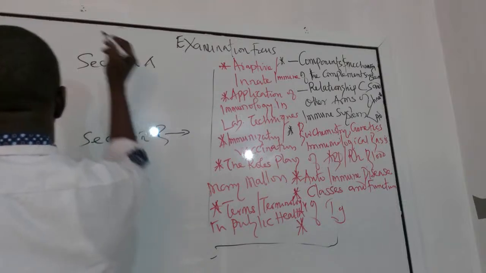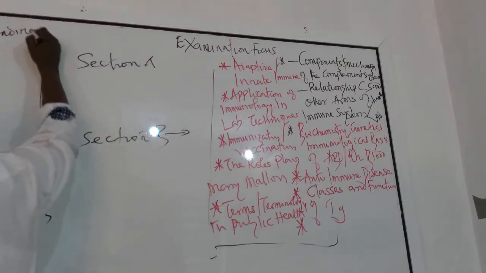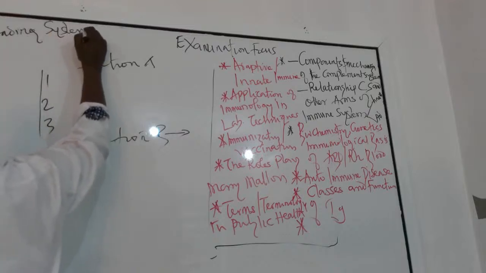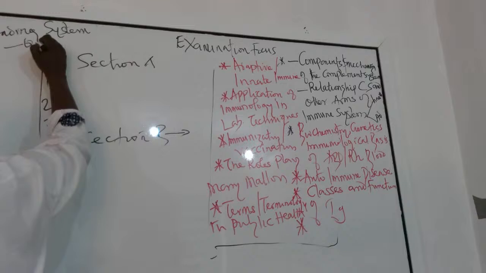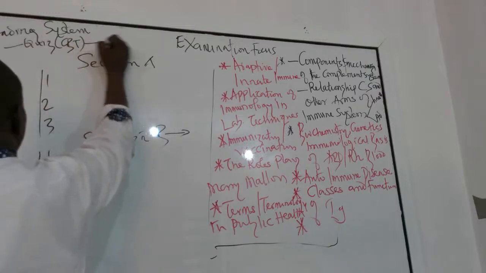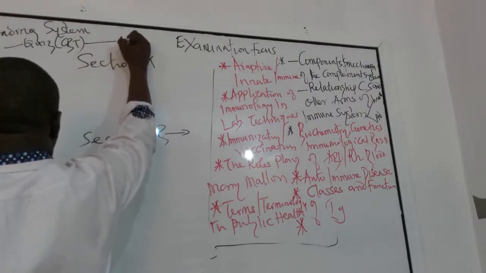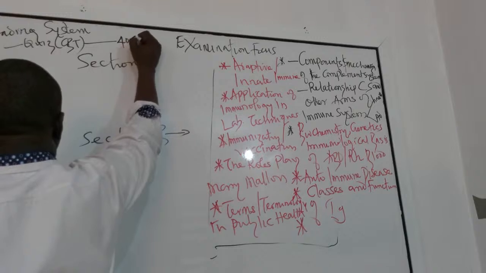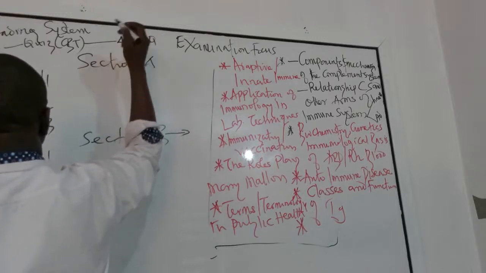Then in terms of our grading system, you are going to have a quiz, that is what is called CBT. That one is going to be, I think, 40 MCQs, that is multiple choice questions, 40.